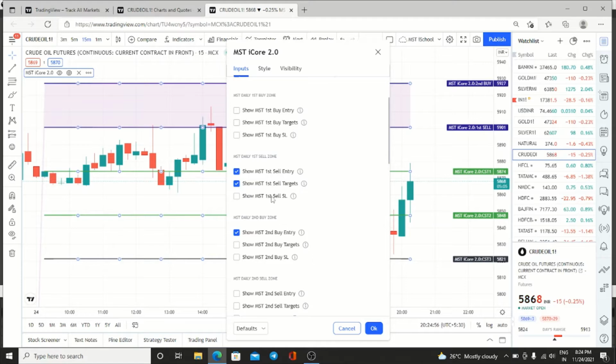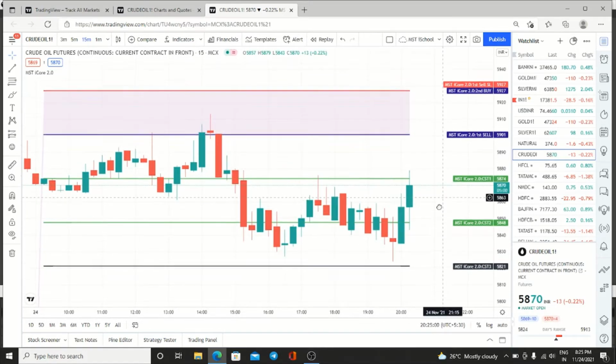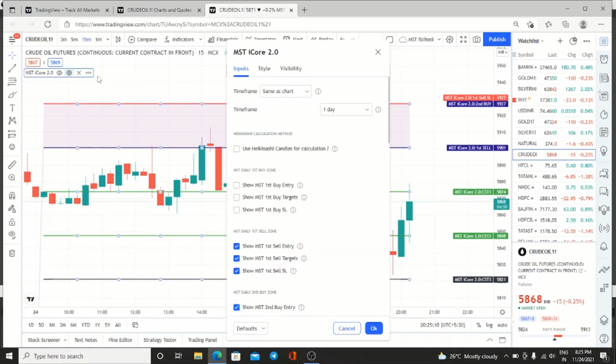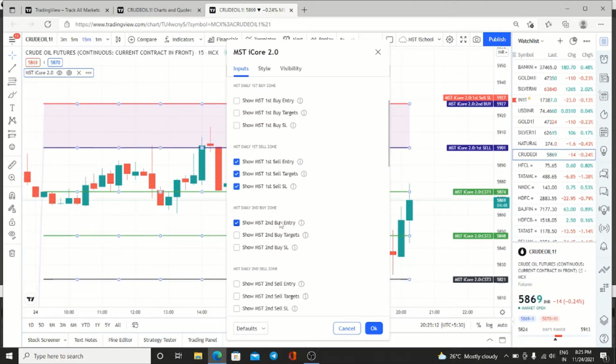Now you can see first sell SL. I'm enabling this. One thing you can notice here: second buy entry price was 5927 and the first sell SL is also 5927. If you don't want this overlap, you can simply remove either the second buy entry or the first sell SL. Both are the same.